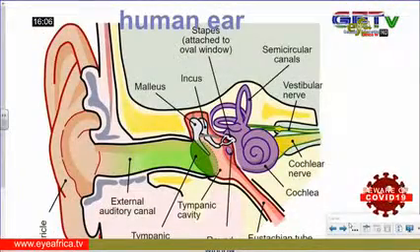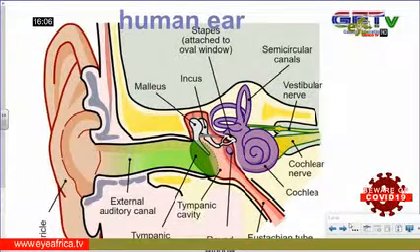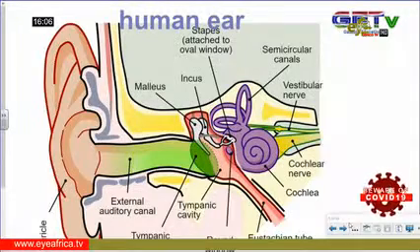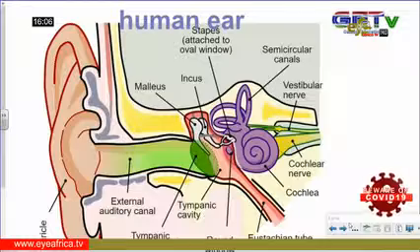Next, we want to look at the human ear. We divide the ear into three areas. The outer ear starts from the auricle or the outer ear, and goes all the way down to the tympanic membrane, or commonly it is called, can you guess? Did you say oval window? That is wrong.